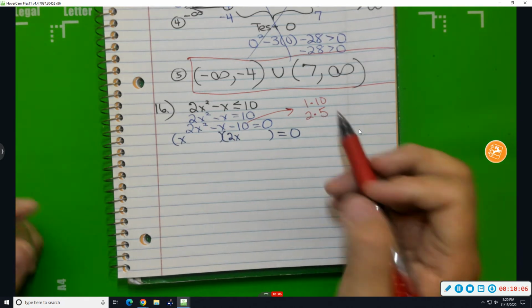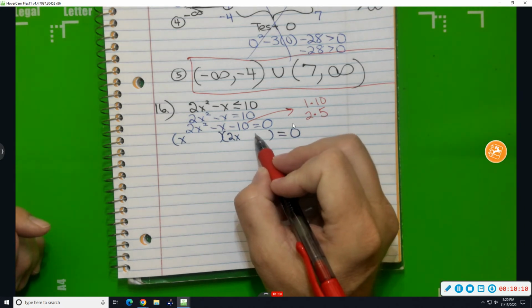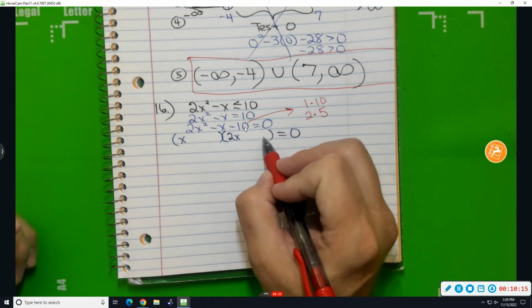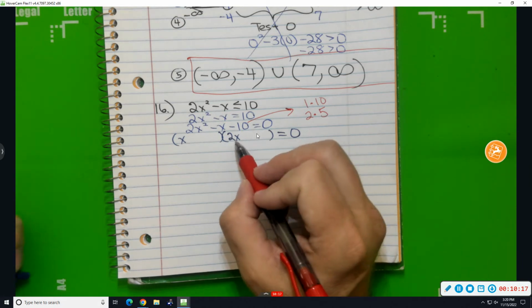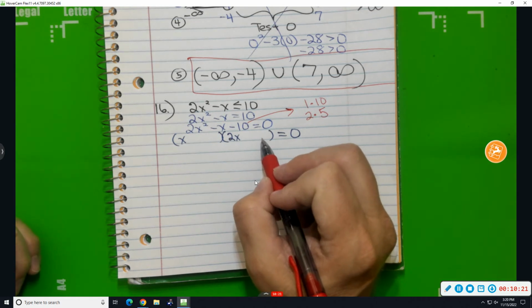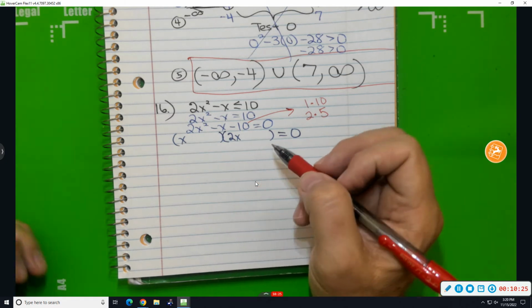If I'm going to use the 2 and the 5, can I put the 2 here? No, because then you have the same factor inside the set of parentheses. You can't have a common factor inside the parentheses if you're factoring it correctly. If you put a 2, both terms are divisible by 2.